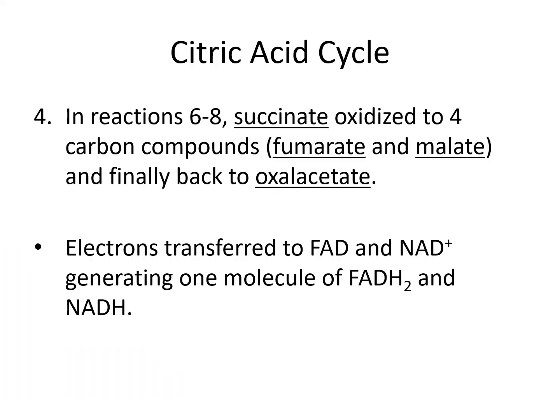In reactions 6 through 8, succinate is then oxidized to the 4 carbon compounds. These are fumarate and malate, and then we finally get back to oxaloacetate where we started from. And in this step, electrons are transferred to FAD and NAD, generating a molecule of FADH2 and NADH.